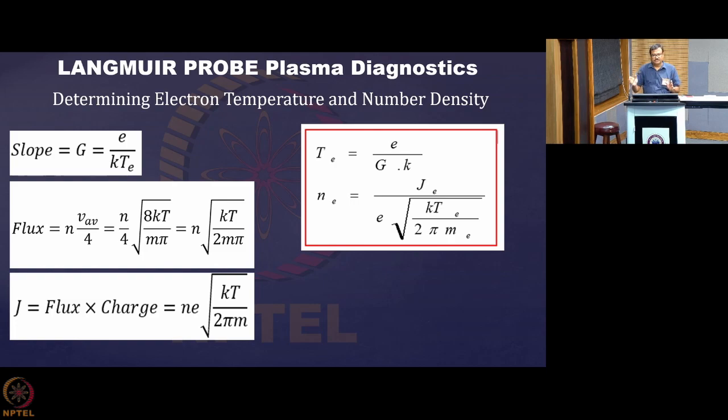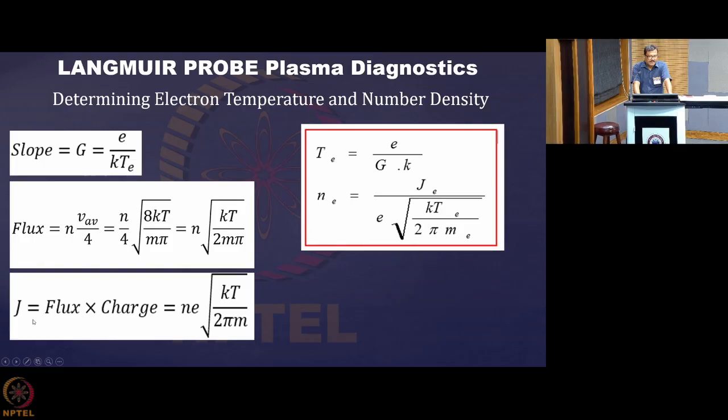Towards one wall, if you want to find the flux, you know the standard formula is n c bar by 4, where c bar is the average velocity. What is the average velocity from kinetic theory again? It is the square root of 8kT by pi m. So it is n by 4 times that, and if you take the 4 inside, then n times the square root of kT by 2 pi m. That is the flux.